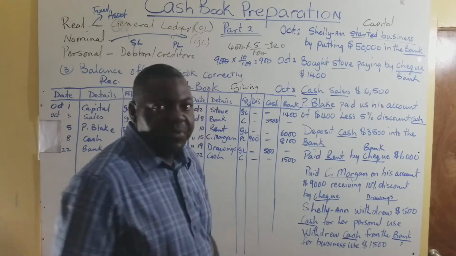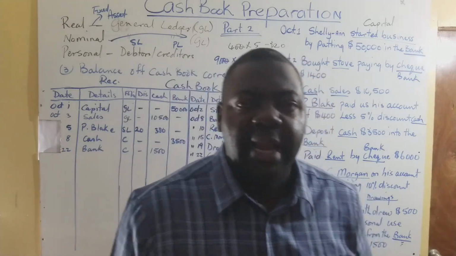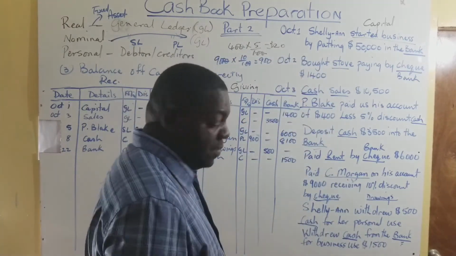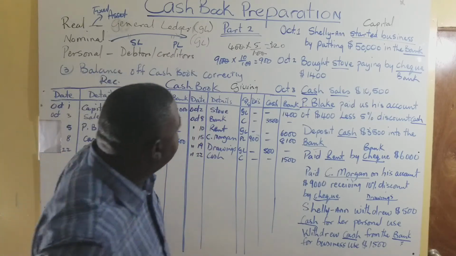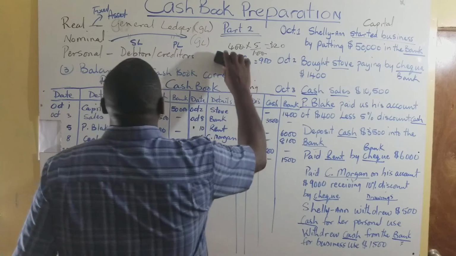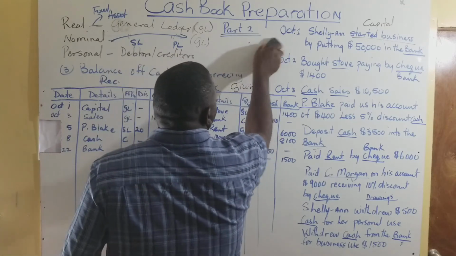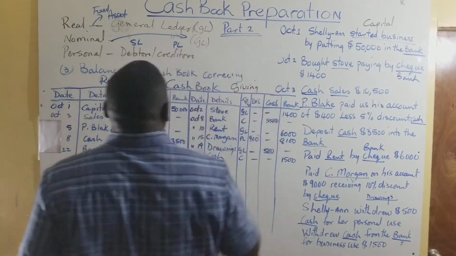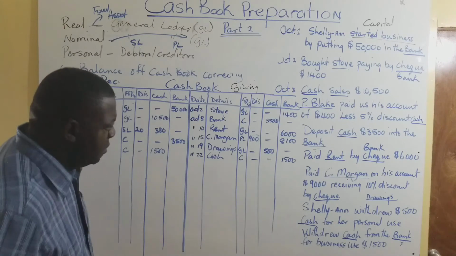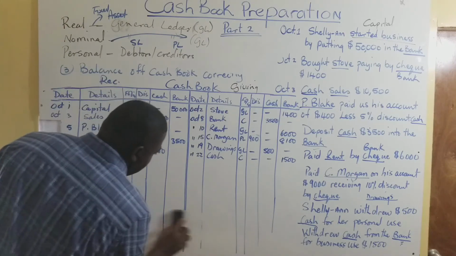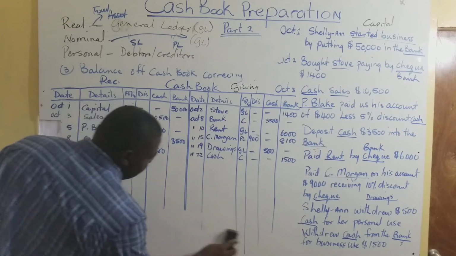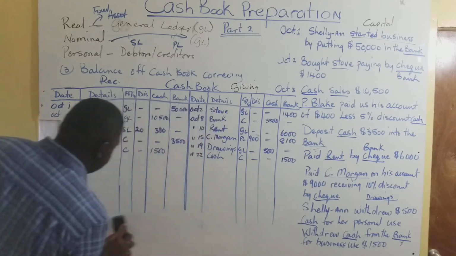Now our last objective should be to close, to balance off the accounts. Let us move to that quickly. What is the process of balancing off the account? Let me give some space so we can have some more space here. Let me take out some of this, since we're not using all of it.